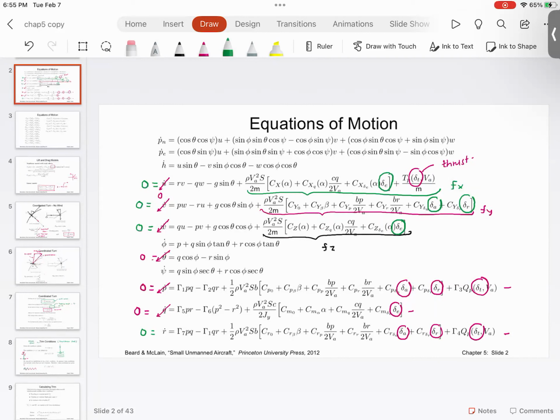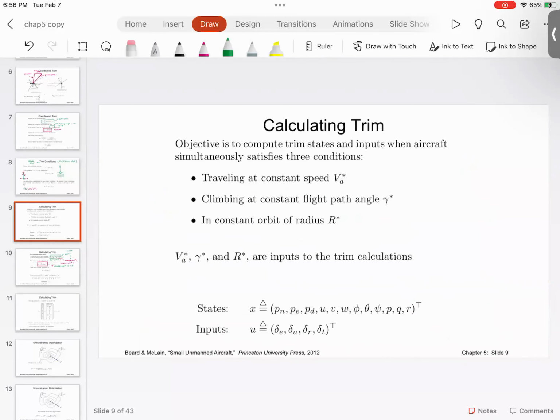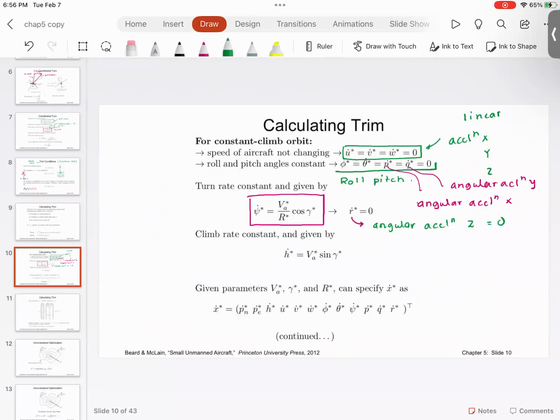As soon as I try to find out trimming, what I do is I actually make these derivatives equal to 0. So I get an equation which is an algebraic equation, and I have some equations which are differential equations.